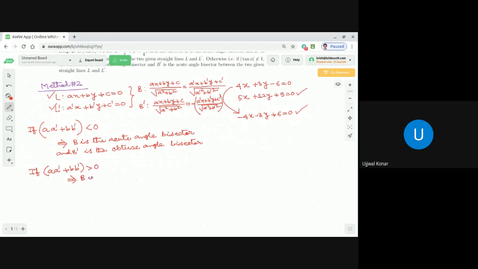That implies b is the obtuse angle bisector and b dash is the acute angle bisector.